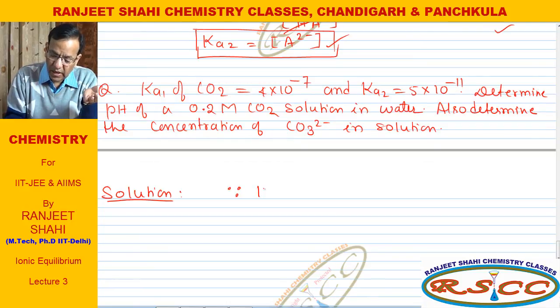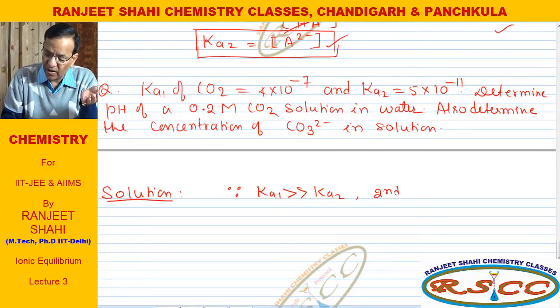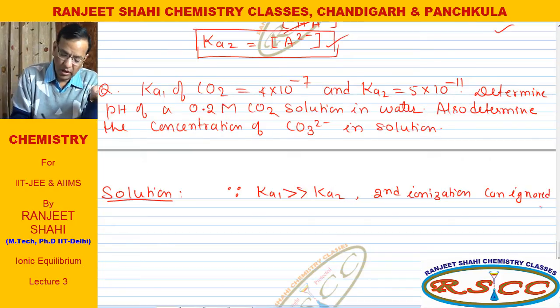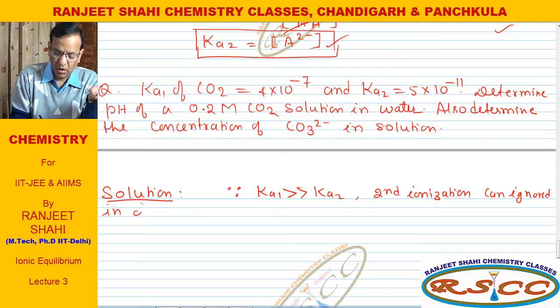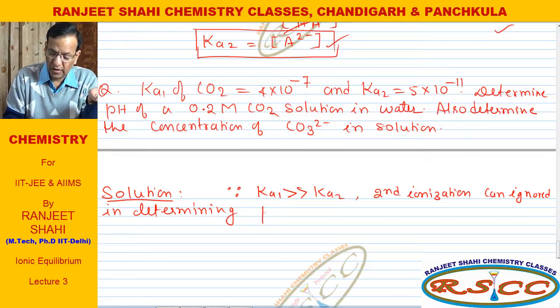Since K1 is much greater than Ka2, second ionization can be ignored in determining the pH of the solution.